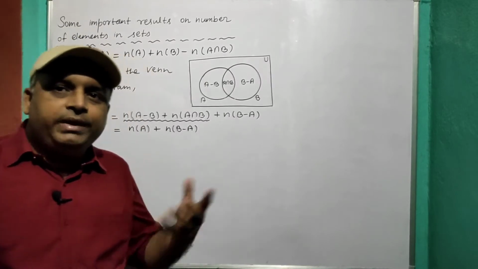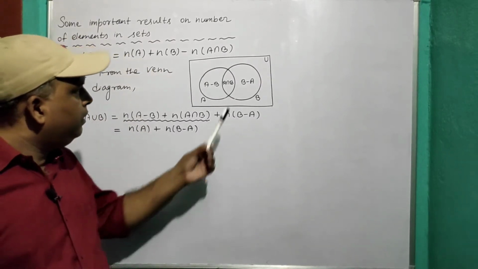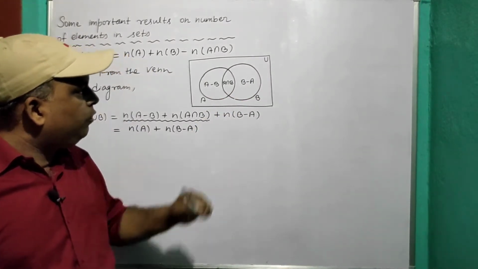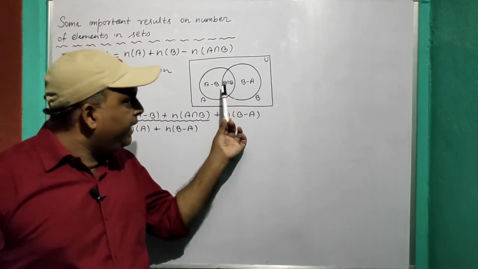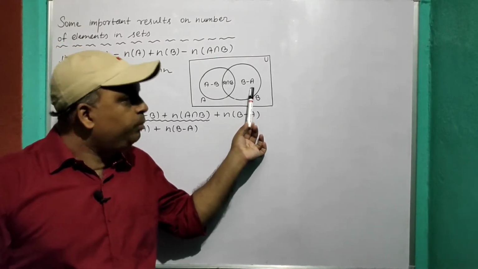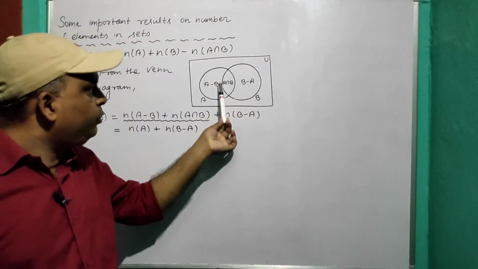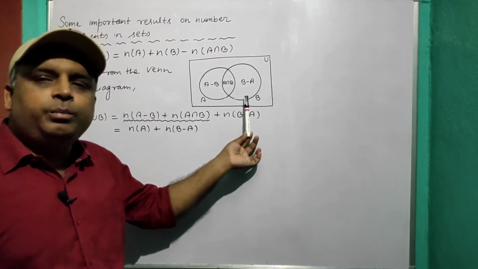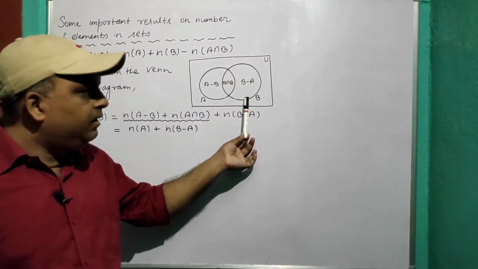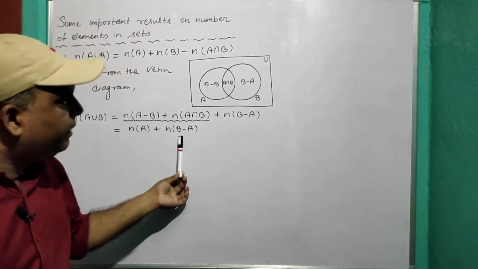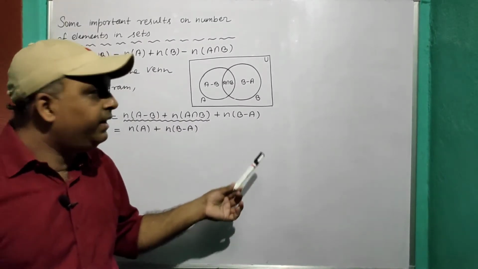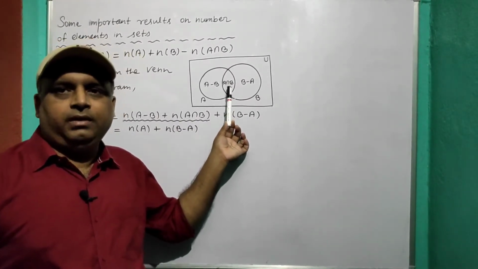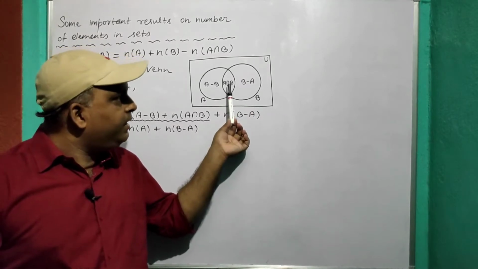So from this figure you observe that if A intersection B is added to B minus A, then you get this set B. Clear? Now we are already having B minus A. So what is not there is A intersection B. So let us add this A intersection B here.